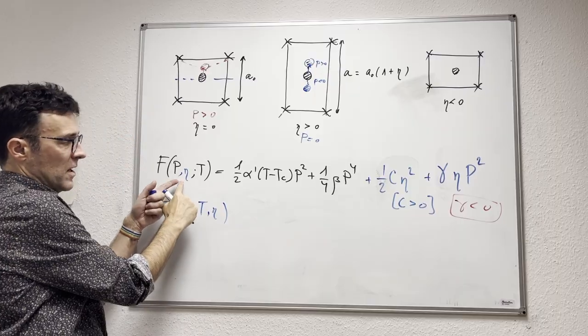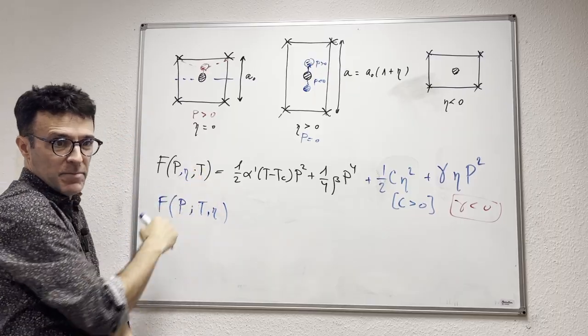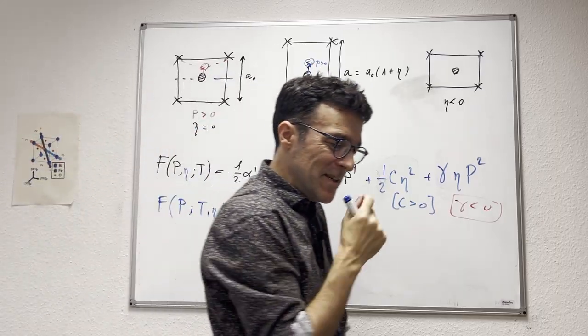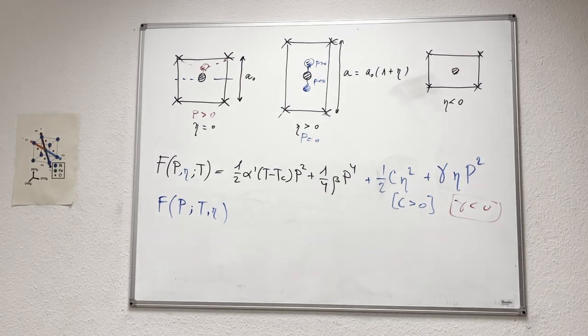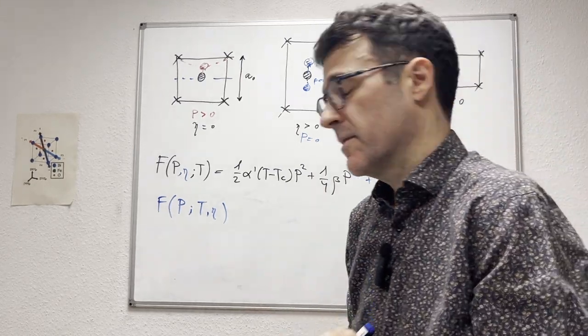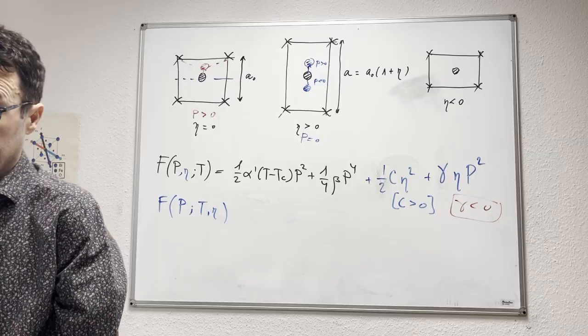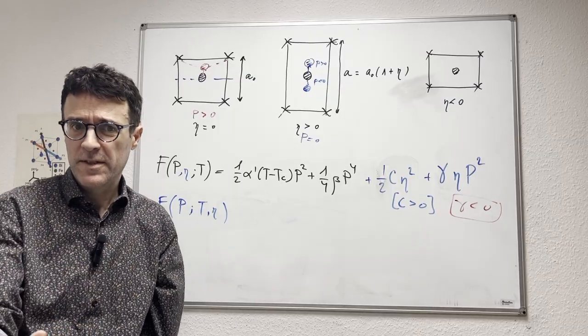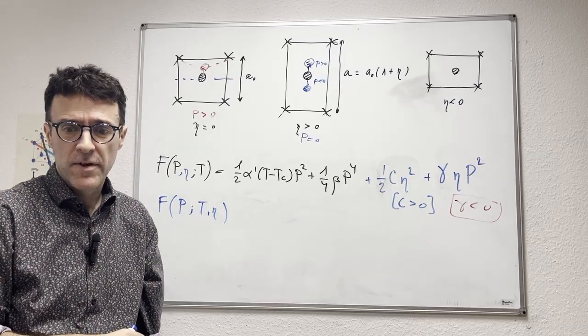So you see I have put the strain on the other side of the semicolon. Let me imagine I can fix this from the outside, which I can, by the way, in many materials by growing my ferroelectric on a particular substrate, which imposes the strain effectively in a thin film.